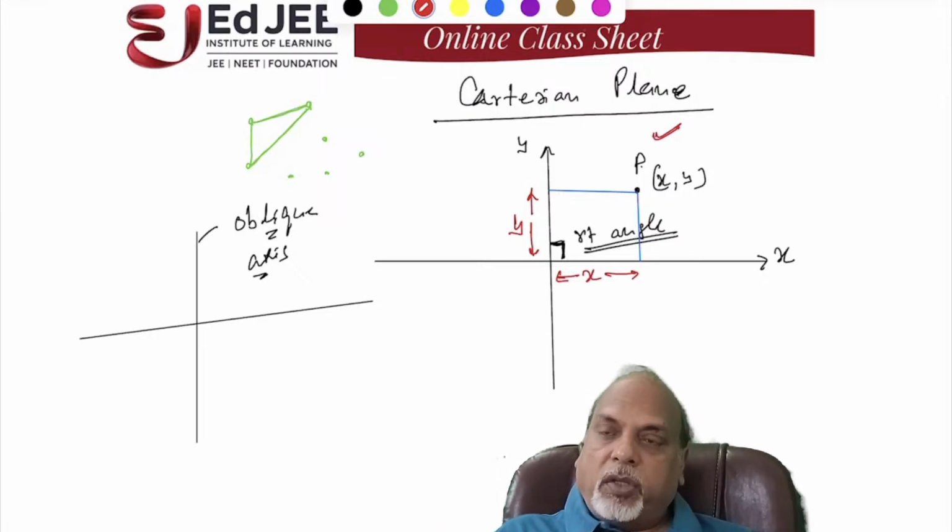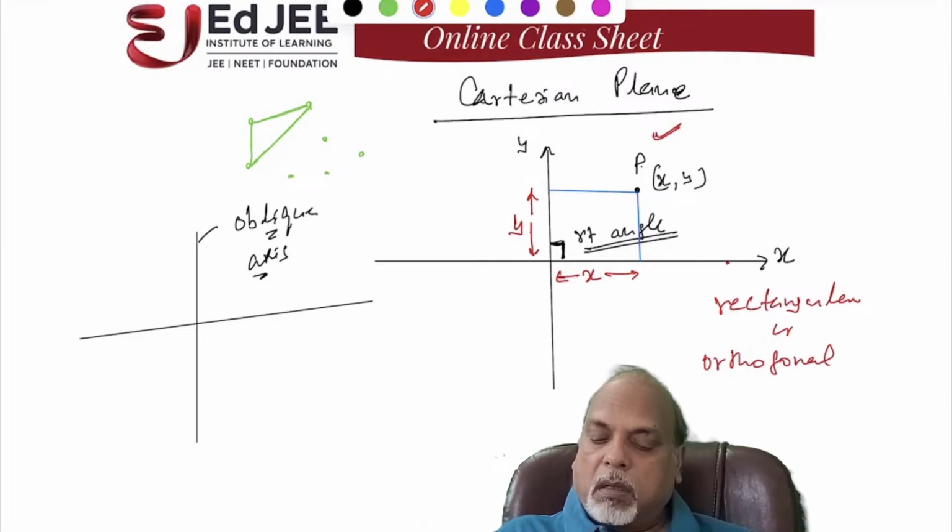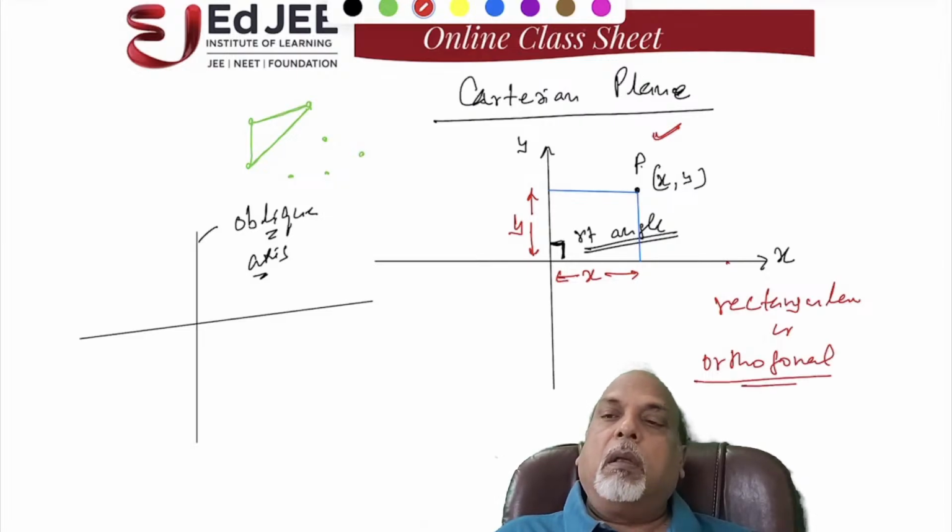This is also called rectangular or orthogonal coordinate system.